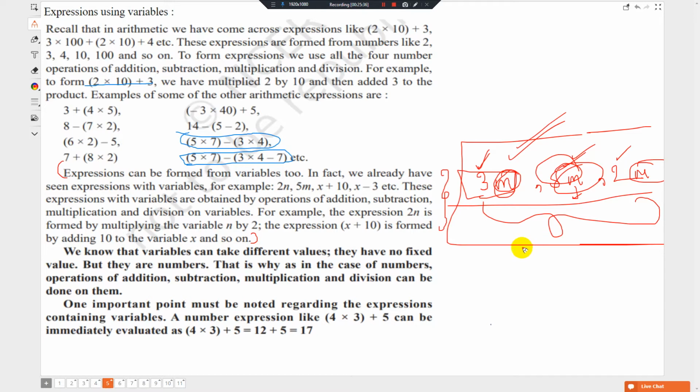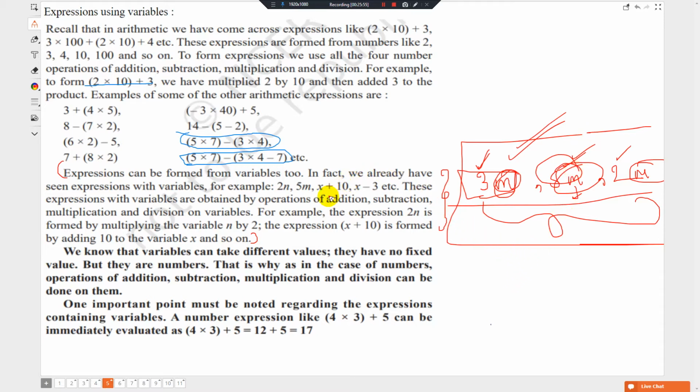Now, these expressions with variables are obtained from operations of addition, subtraction, multiplication, and division on variables. We have seen these properties.